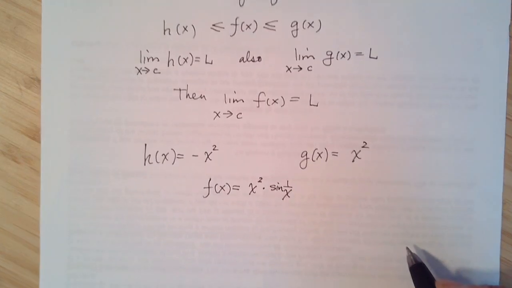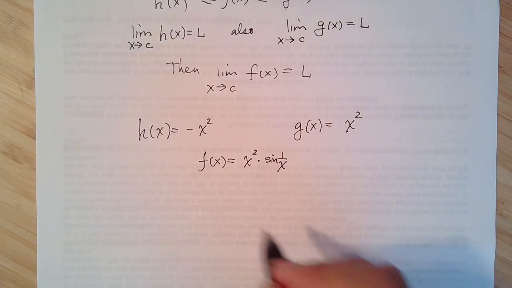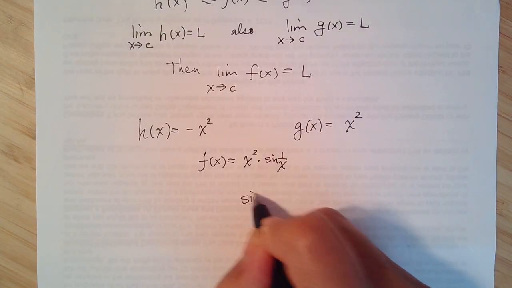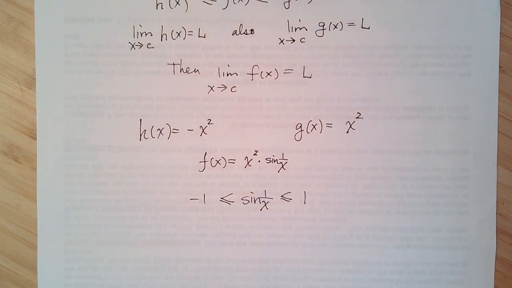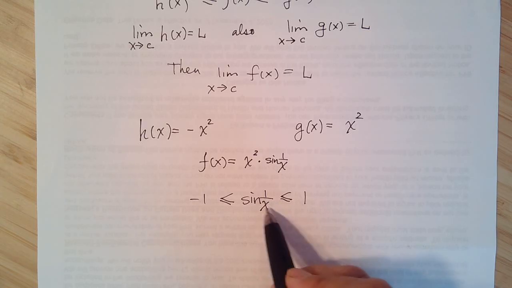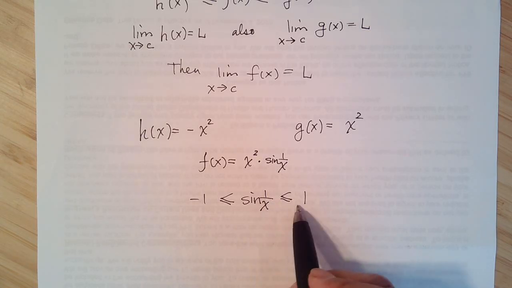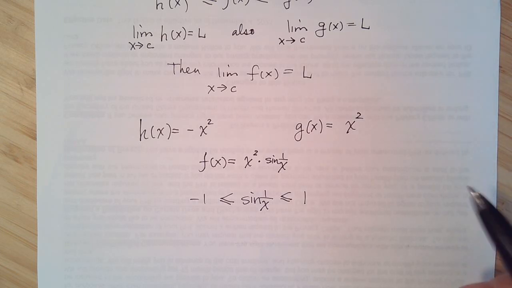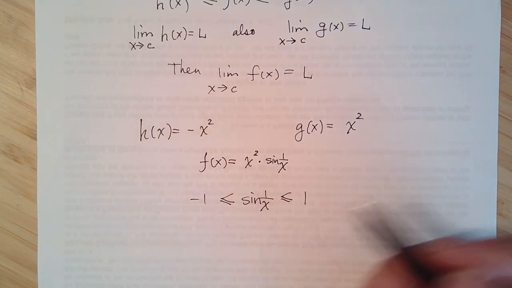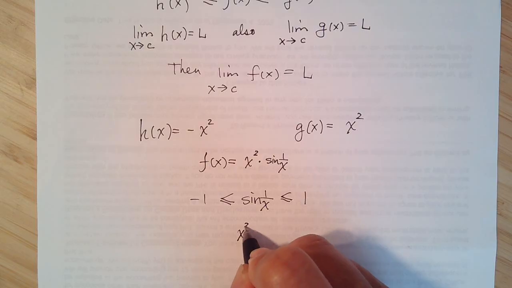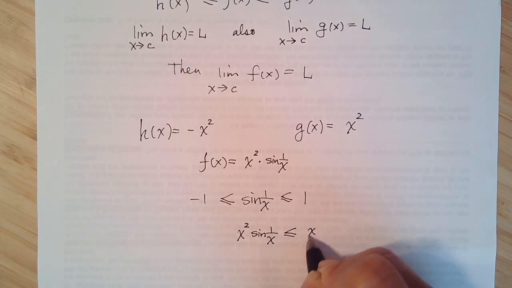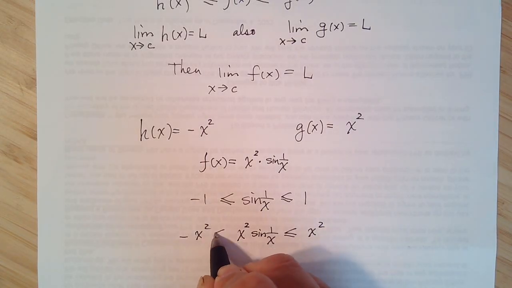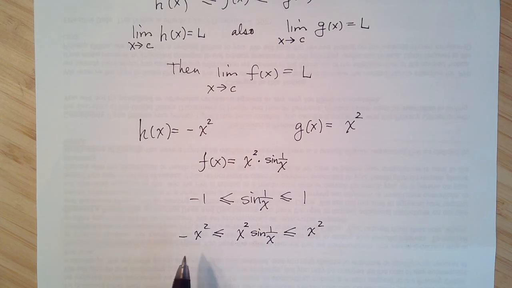Based on our understanding of the trigonometric function, we know sine of 1 over x is always between negative 1 and positive 1. Whatever the angle or radian here, the sine of it is always between positive and negative 1. If I multiply by x squared, can I do that? Yes, because x squared is non-negative. So if I multiply by x squared, I will get this. That's h, and this is g.